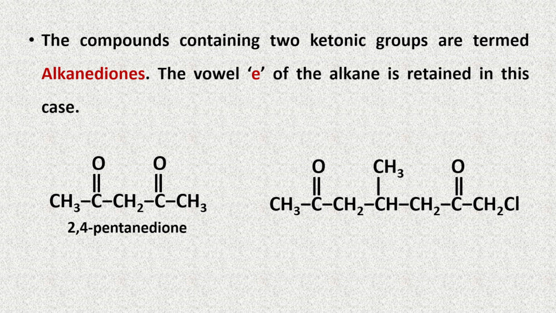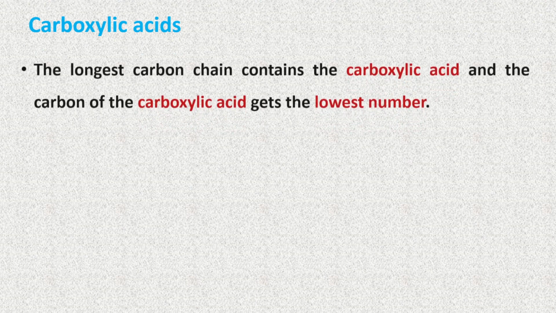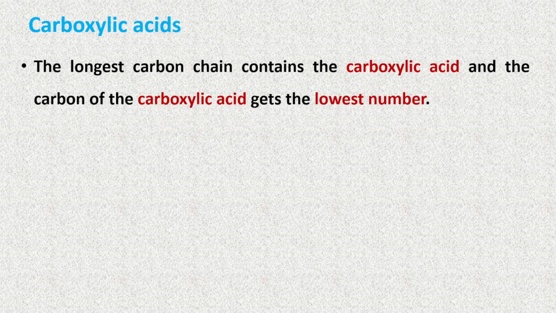But because of the chloro substituent, the numbering has to be done from the right end. You can also use the rule of first point of difference. The IUPAC name is 1-chloro-4-methyl-heptane-2,6-dione.